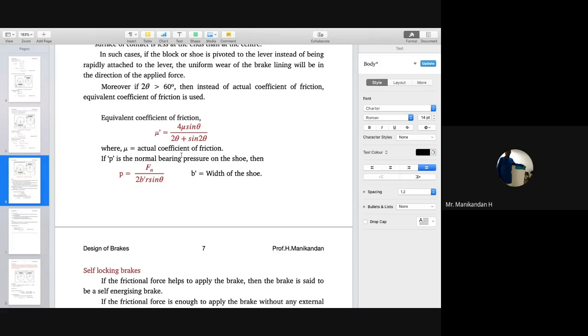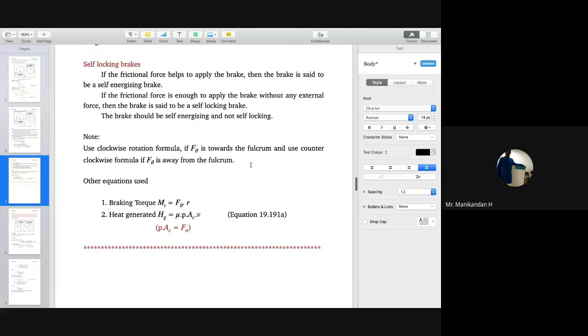Whenever they ask you to find out the unit pressure, you have to use this formula Fn, because Fn we will find out from the figure, from the relationships between the various forces. We can find out the Fn value. So to find the pressure, we need to use this formula Fn divided by 2 b dash into r into sin theta, where b dash is the width of the brake shoe.